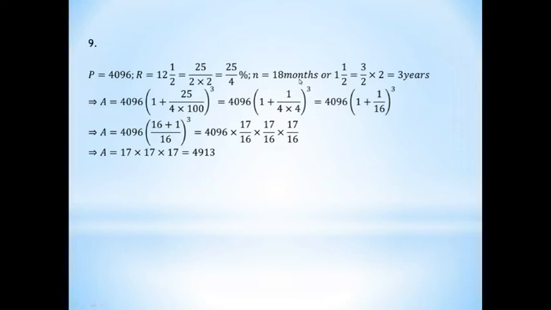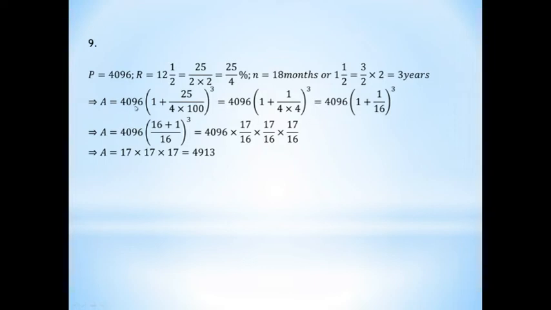That means 1 year and 6 months, which is half a year. That means 1.5 years, which as an improper fraction is 3 by 2, into 2. This 2 is just because we are supposed to do the calculation by the compounded half yearly method.